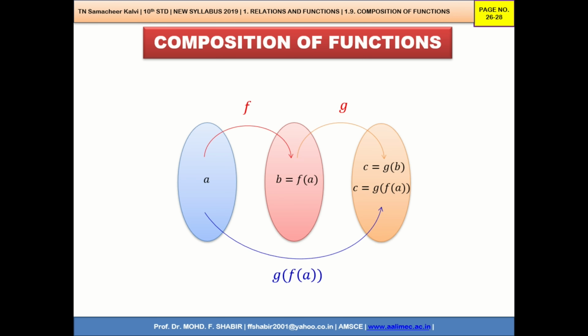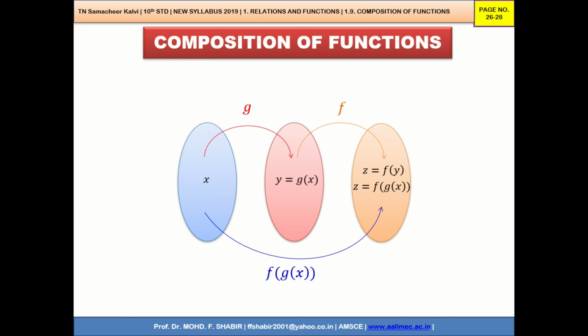Now here we take three sets A, B and C. Suppose there is a function between A and B, and B and C. Then we say it is g of f of a, where function f is applied first, then function g. Now if I take three sets X, Y and Z with a function between them, putting them together is called g of f of x, where we apply function f first, then g.